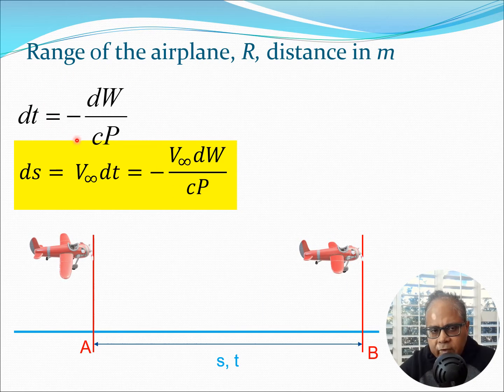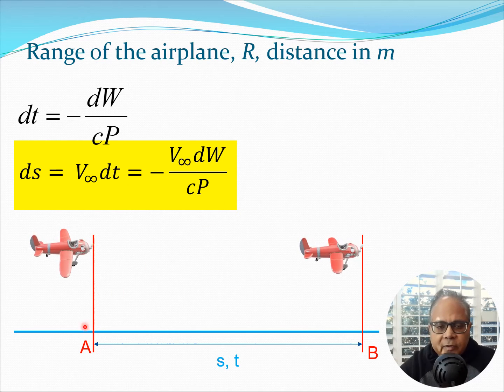So this is the value that is going to give us endurance, but we are also interested in range. And for range what we do is that we multiply this dt by v infinity, and so we get ds is v infinity dt is minus v infinity dw by Cp.